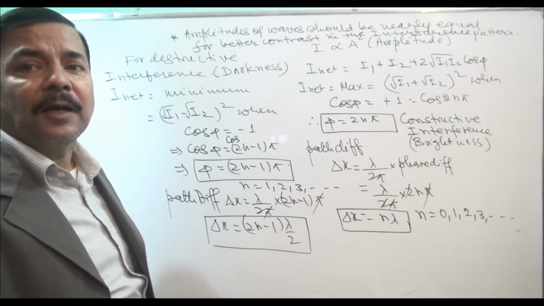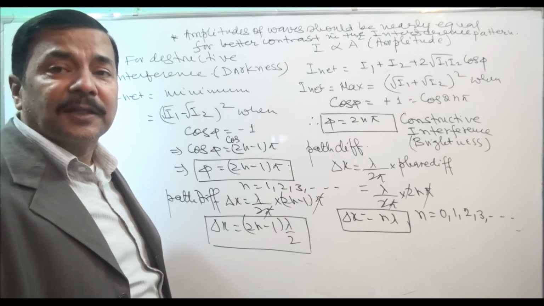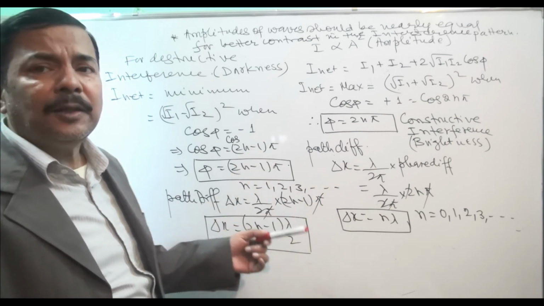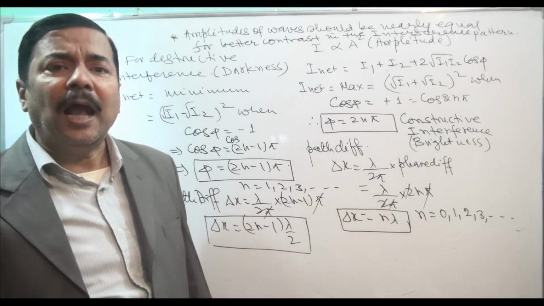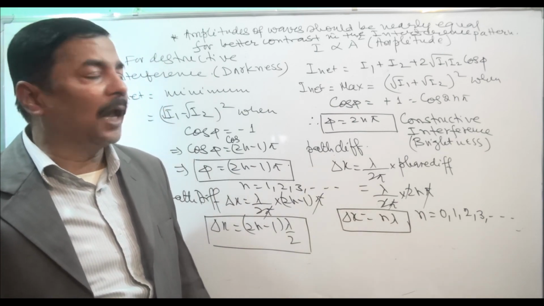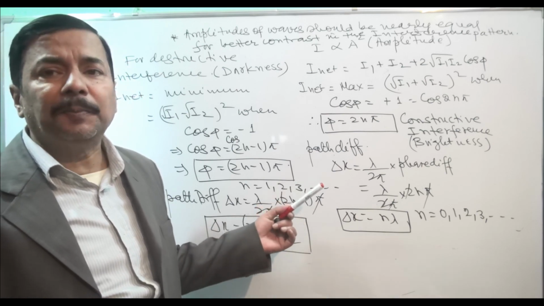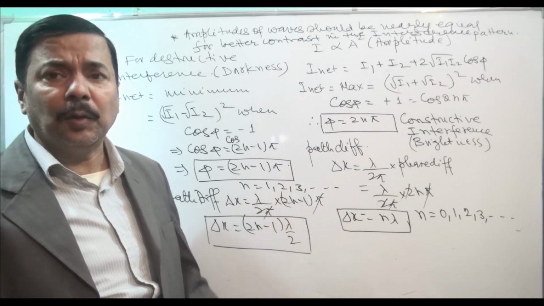The interference pattern will be better, with maximum contrast, if the amplitudes are nearly equal. You have to keep this matter in mind very carefully, and I hope it will be helpful to you. In the next session I will discuss certain problems based on this concept. Thank you. Have a nice day.